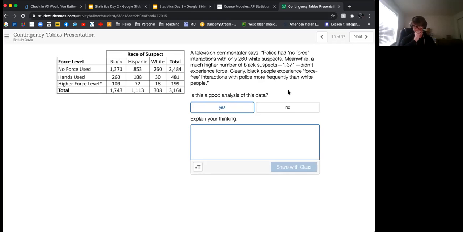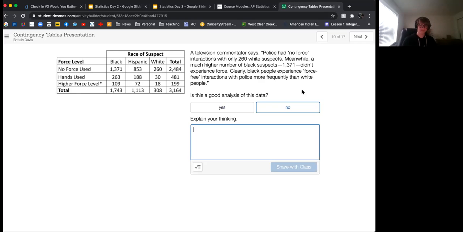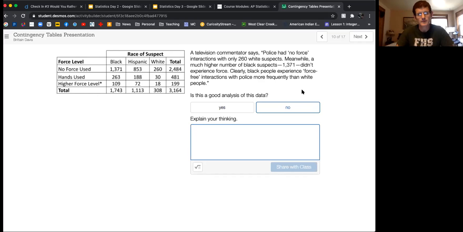I would say that it's not. And why is that? Because the group of white people was a lot smaller than the group of Black people that were stopped. When we consider the full counts, what is it that we're not getting in this analysis?